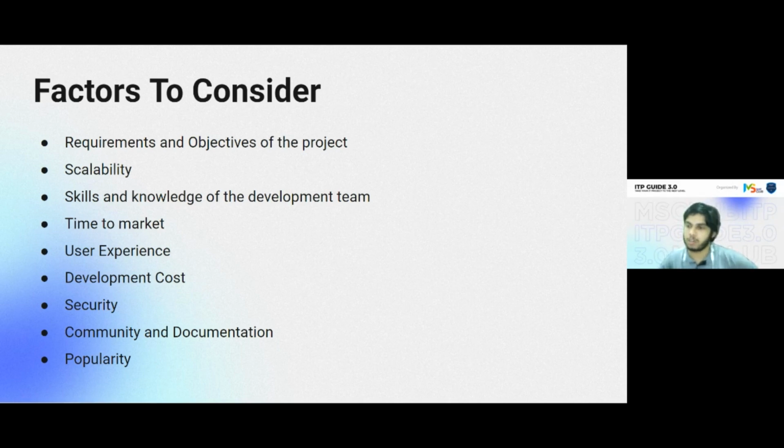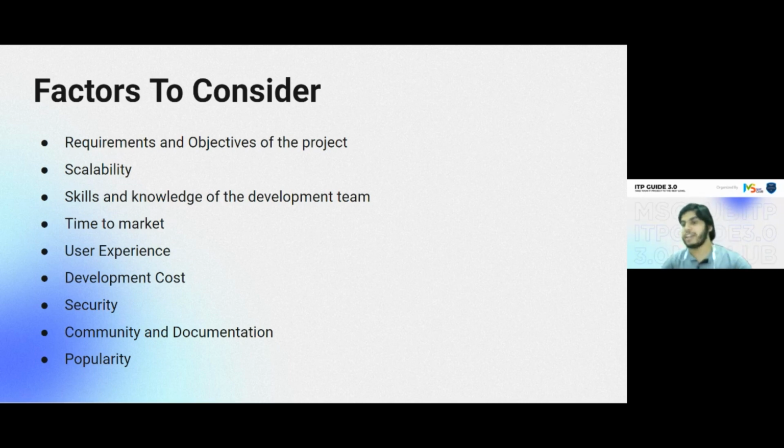For example, if you're building a hotel management system, the technology stack would be quite different from when you're building something like a real-time messaging system. Then you have to use quite different technologies and frameworks. That's what I meant by requirements and objectives of the project.